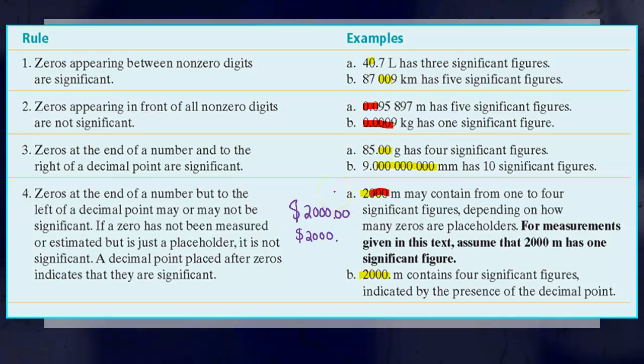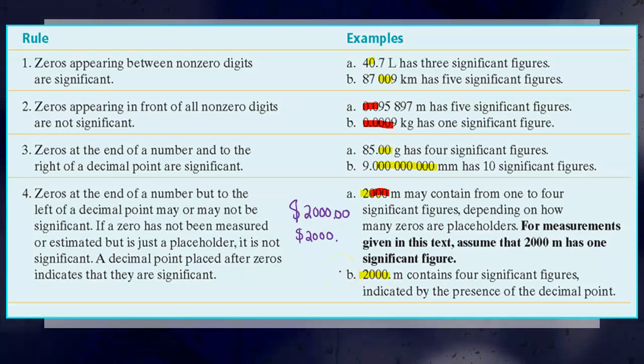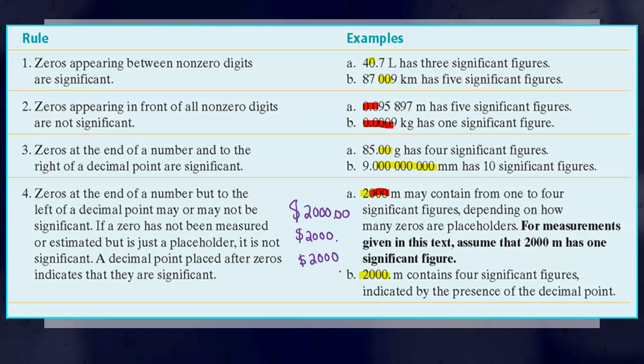However, on the other hand, maybe I have like $1,937. Maybe I have $2,108. There's somewhere around 2,000 in there. I don't know the exact amount. In that case, I'm estimating. So only the 2 is significant. I know it's in that realm of 2,000, but because I'm estimating, now I only have 1 sig fig. So if I know it exactly, I have 4 sig figs. If I'm estimating, I only have 1.